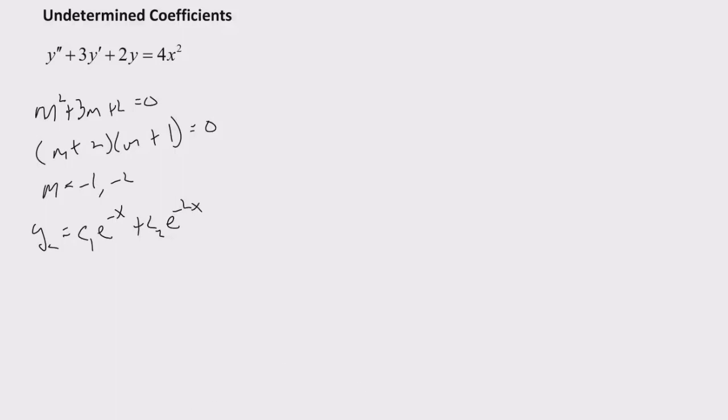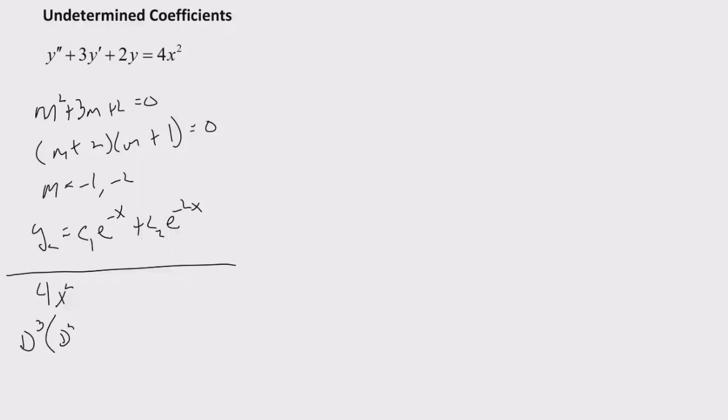Okay, so let's talk about that 4x squared then. What differential operator would annihilate the 4x squared? That would be D cubed. So take the third derivative, and that should cancel that out. So I'm going to take the third derivative of both sides.